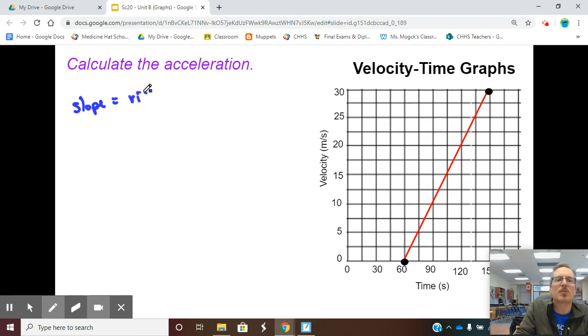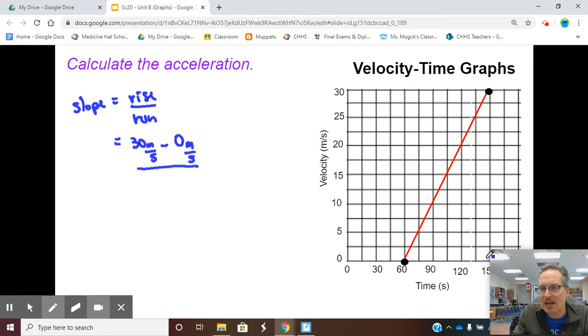Slope is still rise over run. And since we're finding acceleration, that means change in velocity over change in time. So my change in velocity, this one looks like it's at 30 meters per second, minus down here, velocity is at 0 meters per second, so that's an easy one.